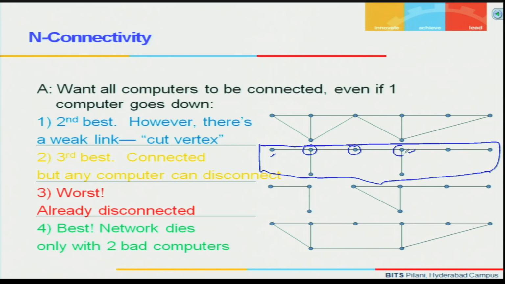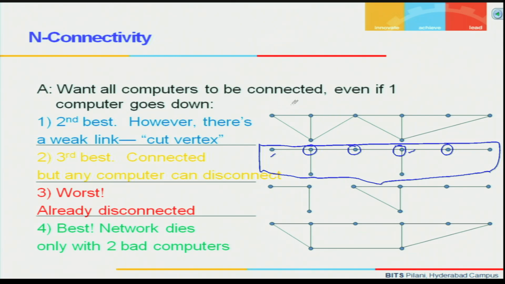If this guy goes down, your graph becomes disconnected. If this guy goes down, your graph becomes disconnected. So this is not a good choice, because going down of just one is making your network down.